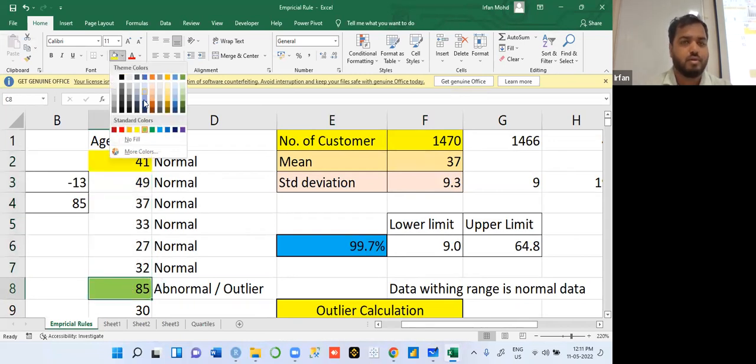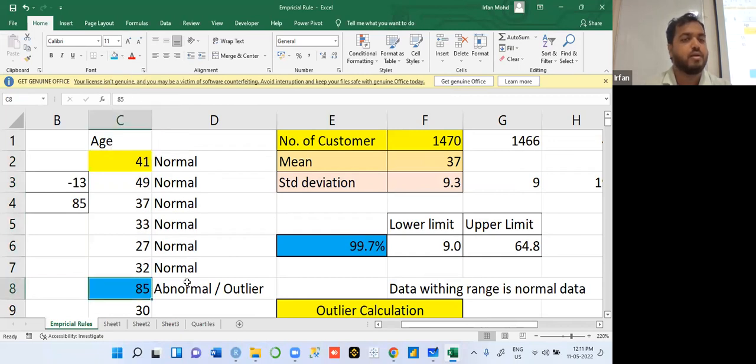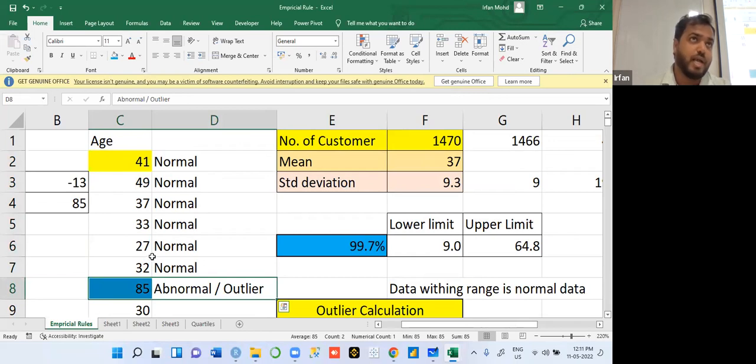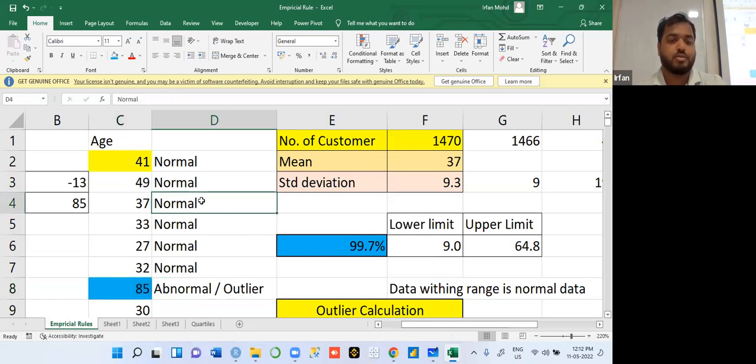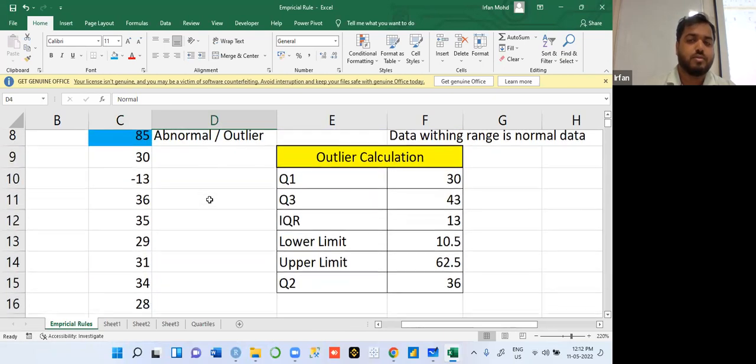It is not normal, I agree. But if it is not normal, what will it be for us? Outliers. Logic clear, guys? Easy. But the point is how they are interconnected: skewness, empirical rule, outliers. Any question you can ask, please.